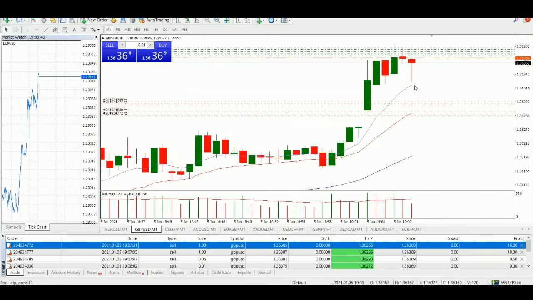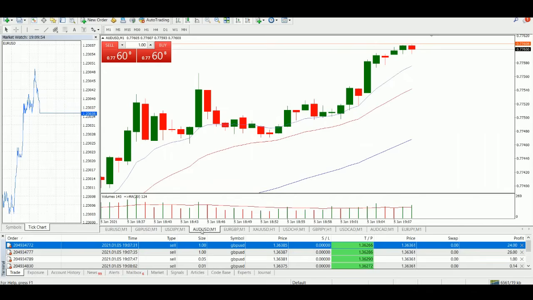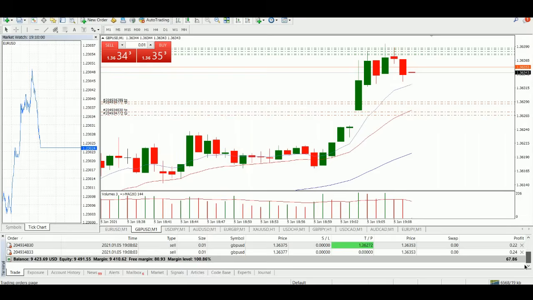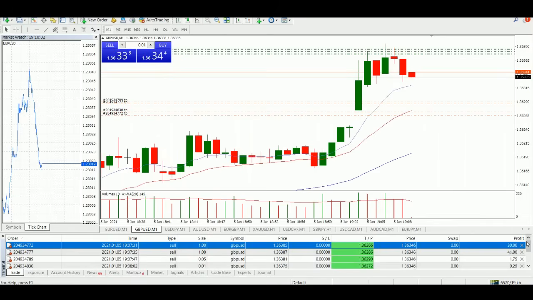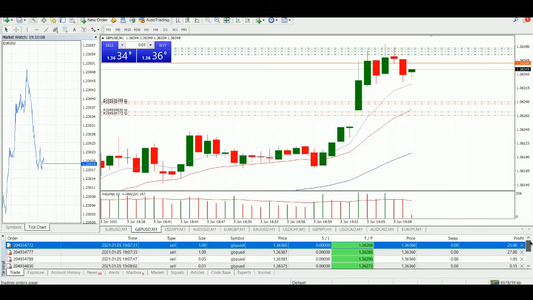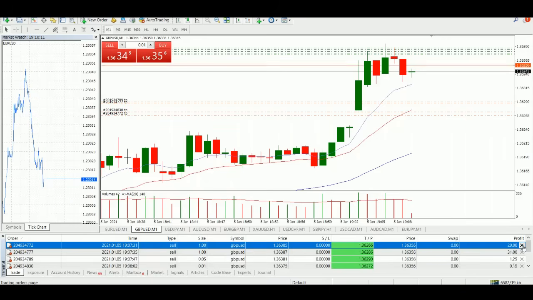GBP dollar, I'm still waiting for it to reach back this EMA 9 to close on this $100. USDN still going down. Okay, GBP dollar, perfect. It's going down much further. Okay, 67. I'm waiting for it to reach this one. Okay, 60.